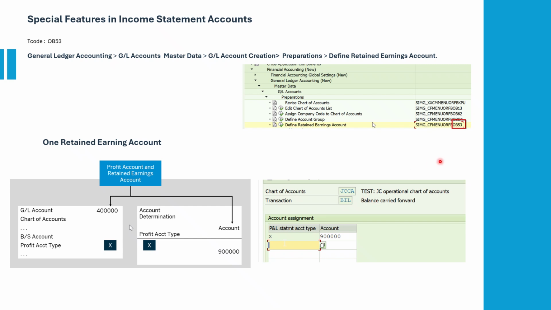For that you specify your retained earnings account here in OB53 with a key like X. If there is only one, then in your P&L account you do not need to put this key. The profit account type will not be asked in the GL account when you are maintaining it, but here on the chart of accounts side.